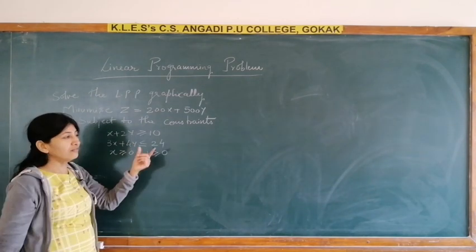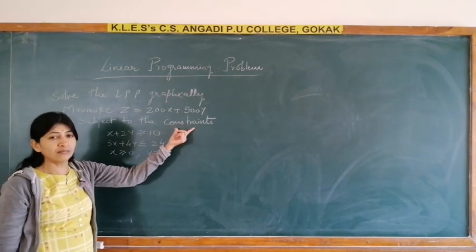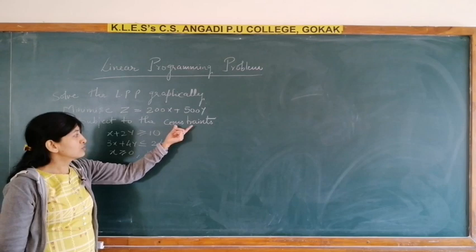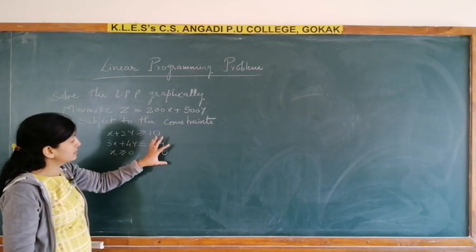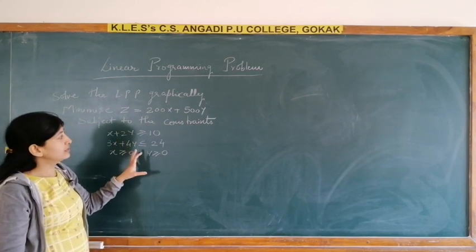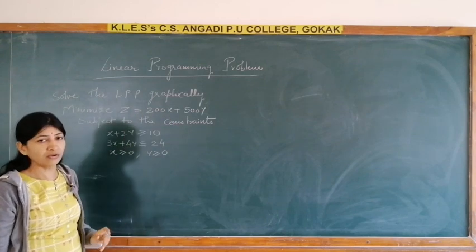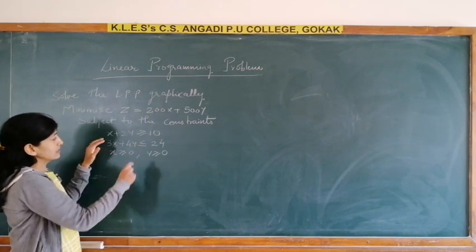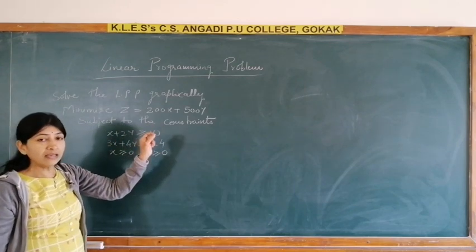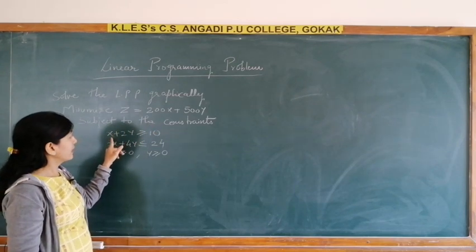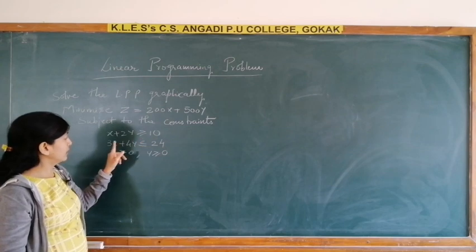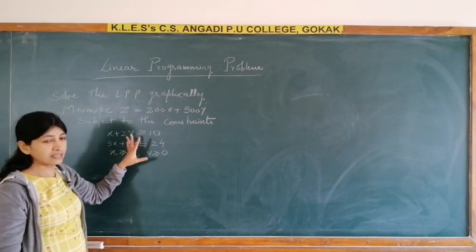They will give the limitations, we call those limitations constraints also. So what are the constraints? Under these linear inequalities, we have to find the minimum value of this objective function. Constraints are linear inequalities, that is x plus 2y greater than or equal to 10, 3x plus 4y less than or equal to 24, given here.